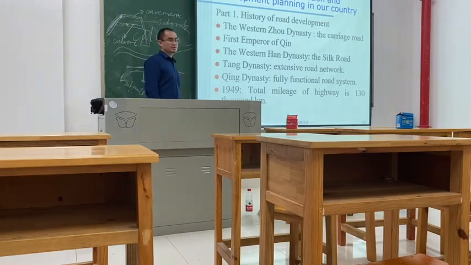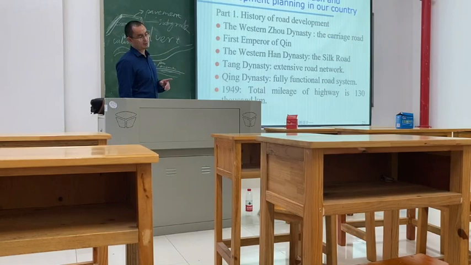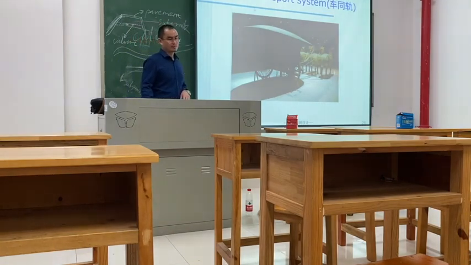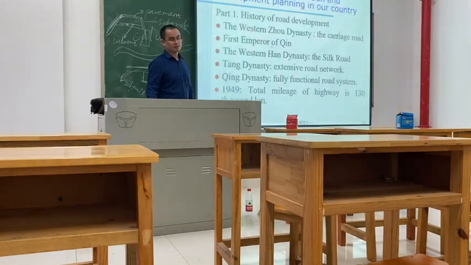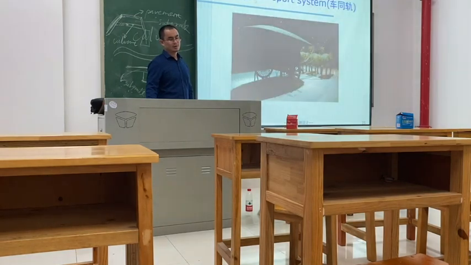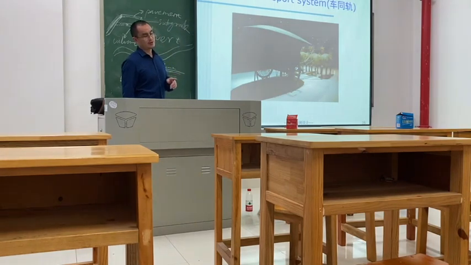In 1949, in China, the total mileage of highway was 130,000 kilometers. This is in Qin dynasty, we use the unified transport system.